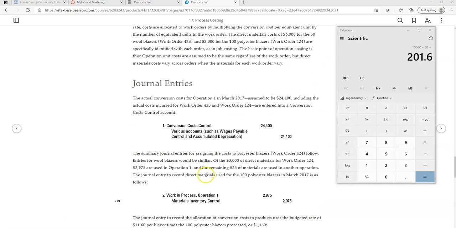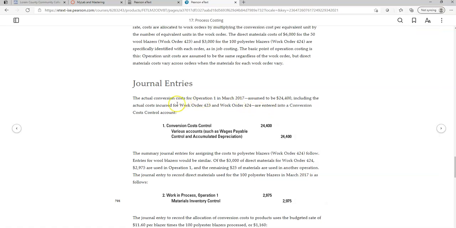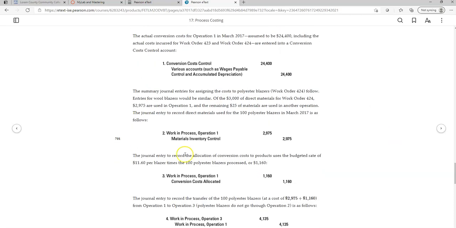And then the journal entries, let's take a look at the journal entries. Let me close out my calculator here. In an operations costing system, as we incur conversion costs, we're going to add those up. And then as we send products through, we're going to allocate those. We're going to assign our materials.